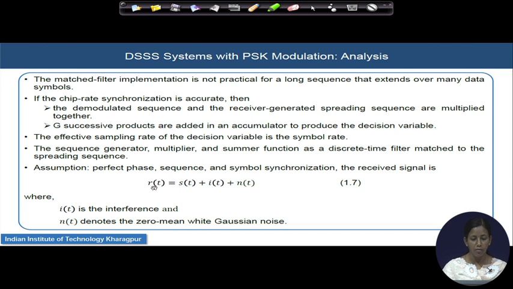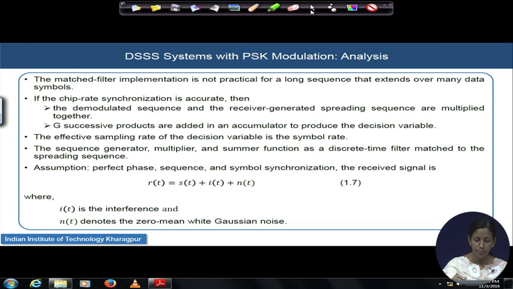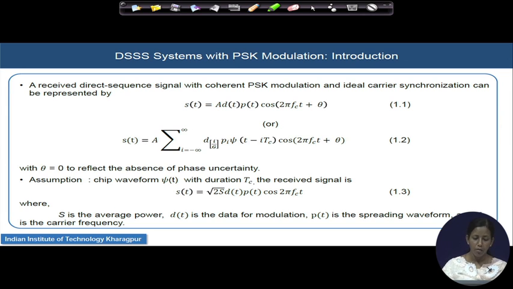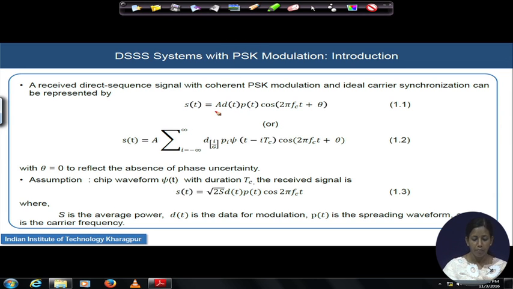We started with r(t) = s(t) + i(t) + n(t), which we now understand as this integrated model that we are receiving at the front end of the receiver. We have modeled n(t) as additive white Gaussian noise, as already mentioned. The s(t) was of the form A d(t) p(t) cos(2π fc t + θ).